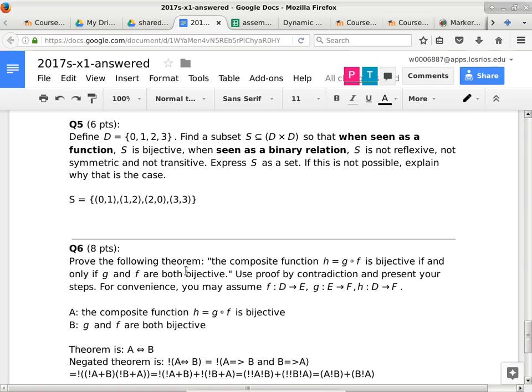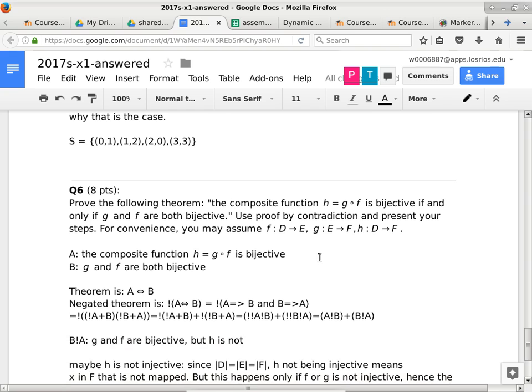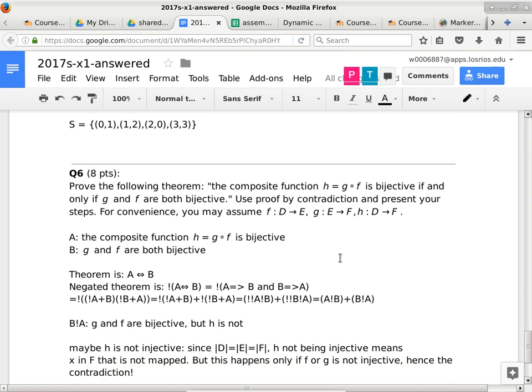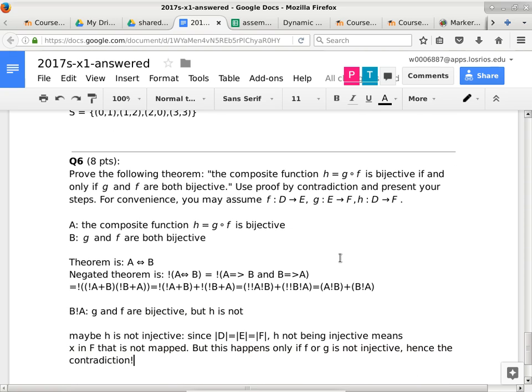Yep. For 6, for the functions, I wasn't sure about this, but could you say that D maps to E is similar to D implies E? But implication is a Boolean function. But it's like, if you were to choose one value, then it would imply a certain value. But any function does that.